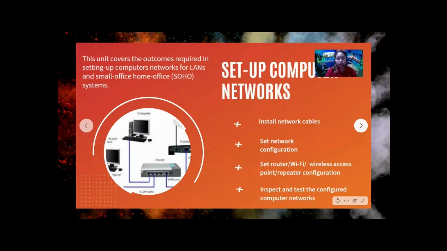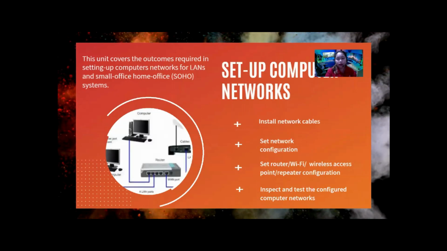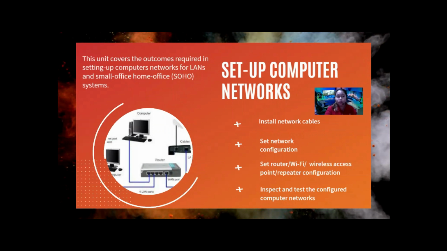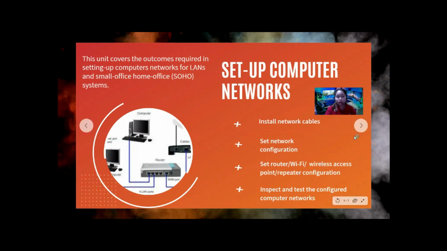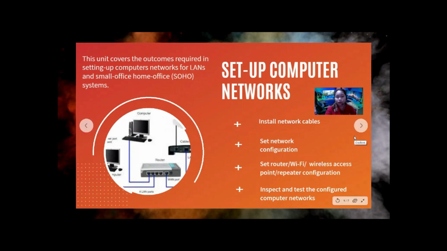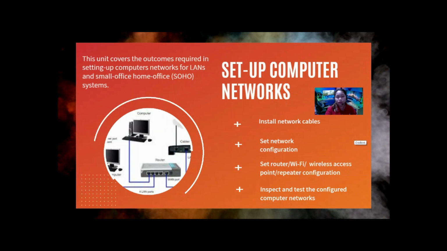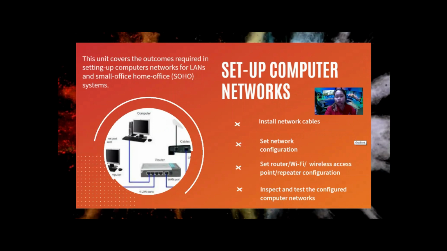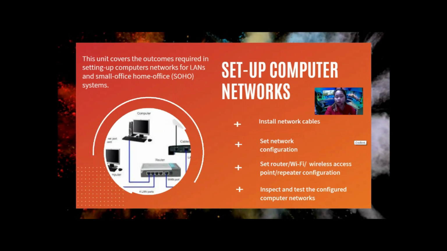The second core competency is set up computer networks. This unit covers the outcomes required in setting up computer networks for LANs, or local area networks, and small office, home office, or SOHO systems. There are 4 learning outcomes in this core competency.